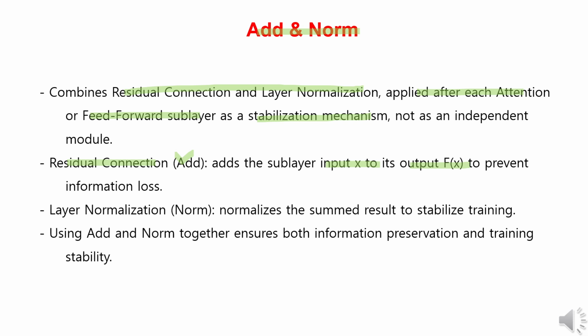This helps prevent the loss of important information as the data passes through multiple layers. Next, in the layer normalization, or the norm step, the summed result is normalized, which stabilizes the training process. In short, using add and norm together ensures both information preservation and training stability.